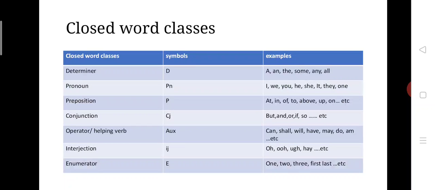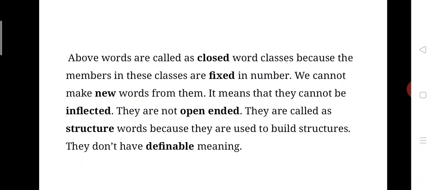Next one is closed word classes. See, here is a chart of closed word classes. That is determiner, pronoun, preposition, conjunction, operator or helping verb, interjection, and enumerator. This is about the closed word classes. You cannot add anything to those words. That's why they are called closed word classes. See, what is the exact definition of it?